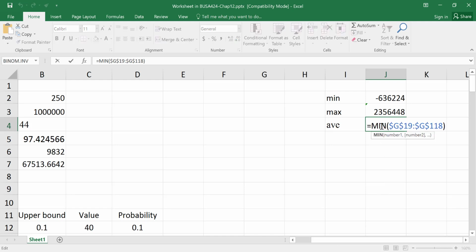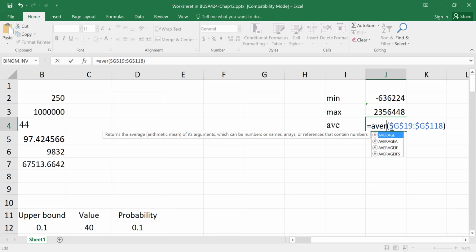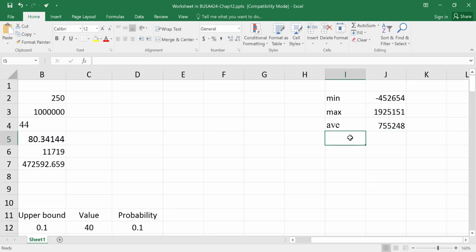then we can use AVERAGE, then the next one that we need is the standard deviation.